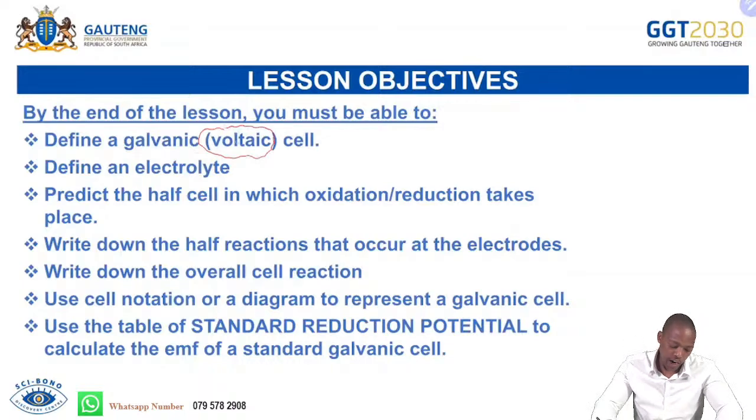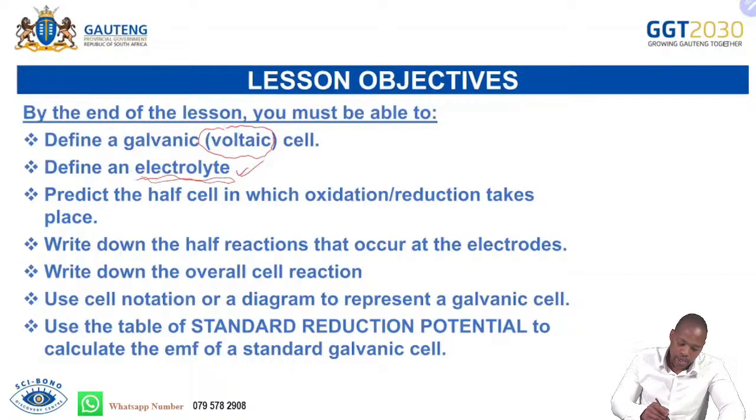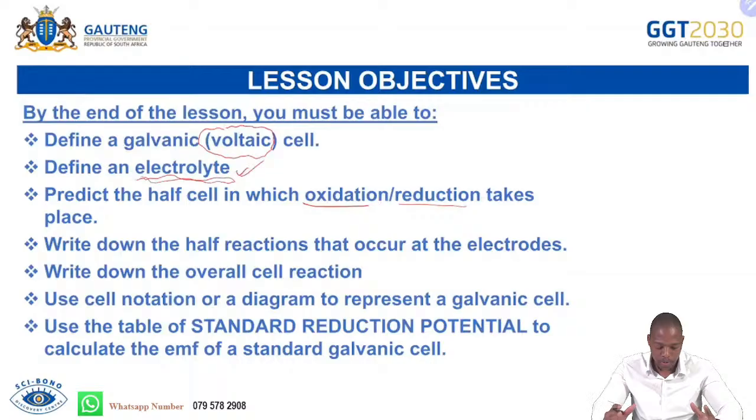You must be able to define an electrolyte, and understand how it works, especially at a basic level, because that's where we'll be applying it. You must be able to predict the half cell in which oxidation or reduction takes place: in this half cell there will be oxidation, in this half cell there will be reduction.